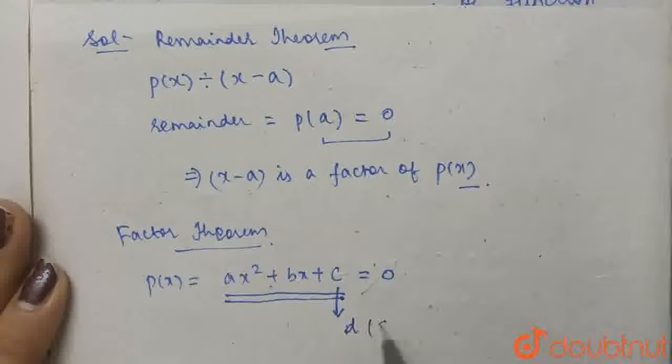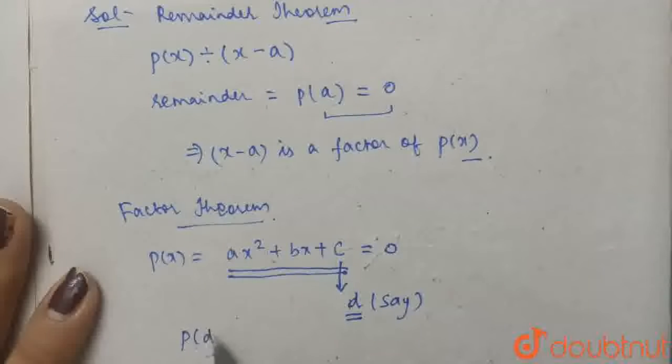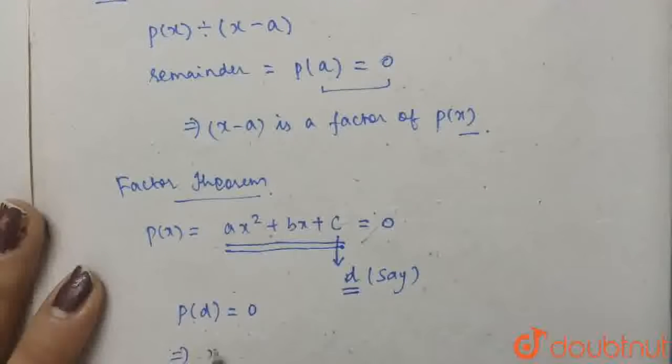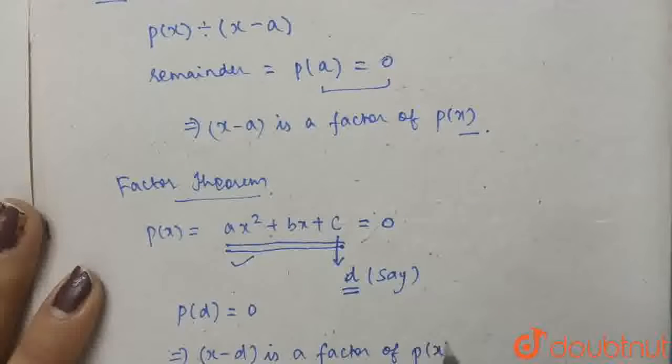If p of d is 0, then this implies that x minus d is a factor of this polynomial, that is p of x.